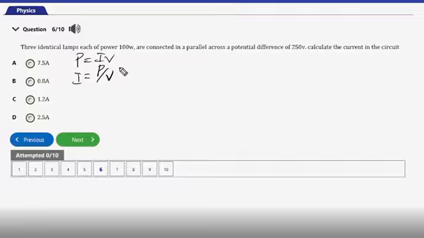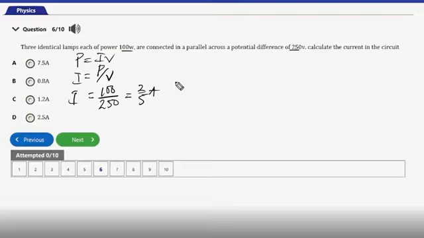So in that case, current is going to be the power here, which is 100 watts, over the voltage or the potential difference, that's 250 volts, and that's going to be 2 over 5 ampere here.